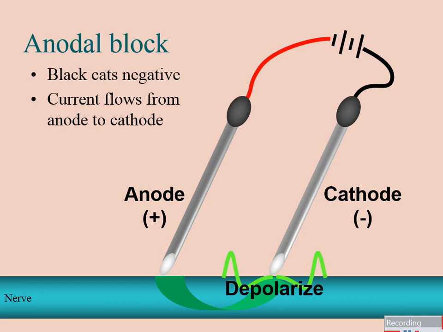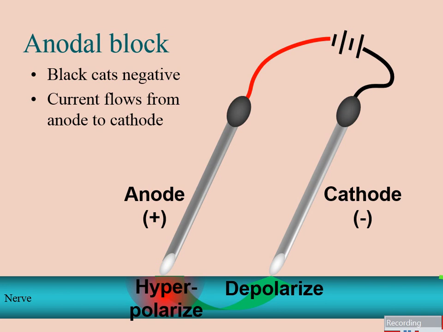Now, when we're depolarizing under the cathode, we're actually hyperpolarizing the membrane under the anode because the current has flowed away from that area. And so what can happen is the action potential that's going towards the anode can hit that area of hyperpolarization and short out and not get conducted.